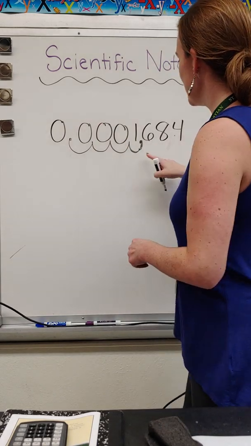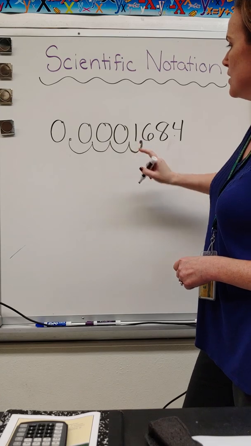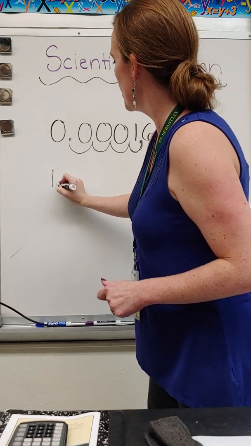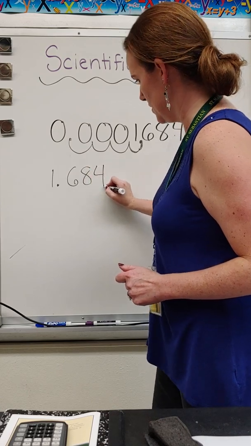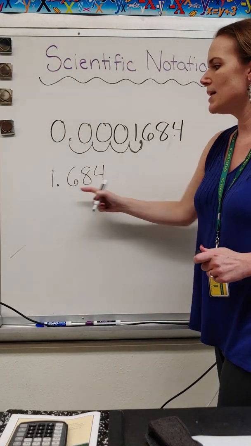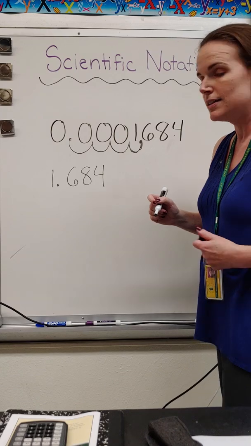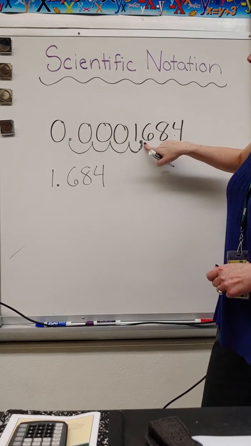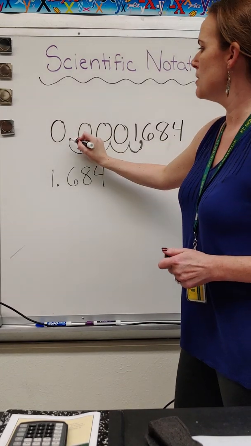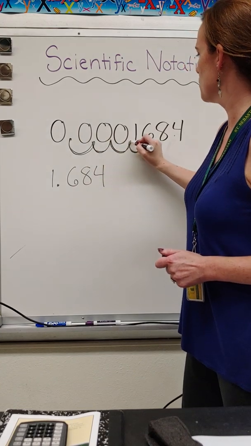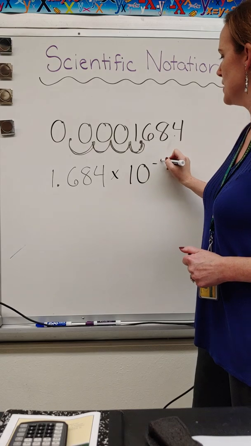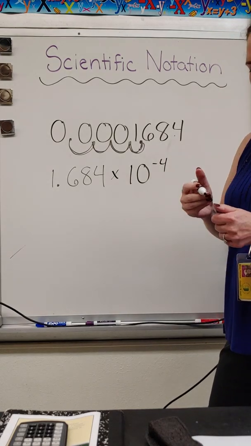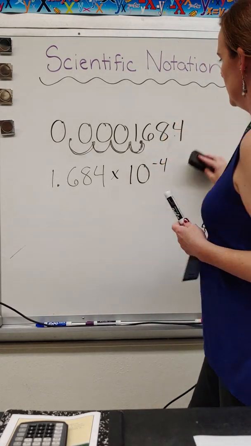So in this case, I've just got to move it to right here, because by making this number 1.684, that's my number that's between 1 and 10. So I want to stop when I get to here. So I only moved it 1, 2, 3, 4 spaces. So times 10 to the negative 4.